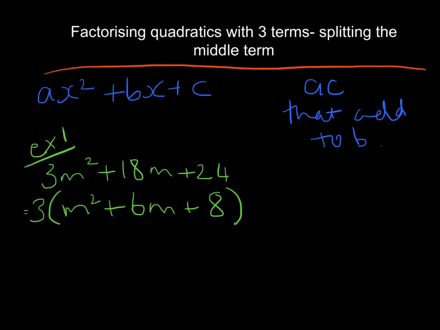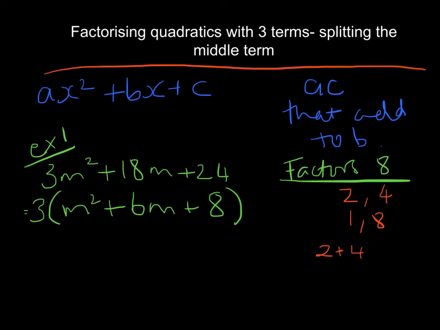But just keep writing it and then continue what's in the bracket. So I know that I'm looking for the factors of, well, that coefficient in front of the m squared is just 1. So I'm looking for the factors of 8 that add to 6. So what are the factors of 8? The factors of 8 are 2 and 4, 1 and 8. So 2 and 4. If I add 2 plus 4, let's see, 2 plus 4 equals 6.